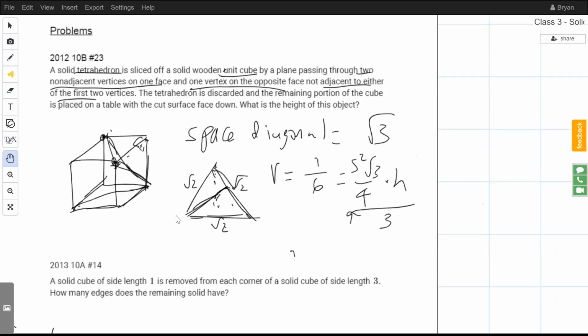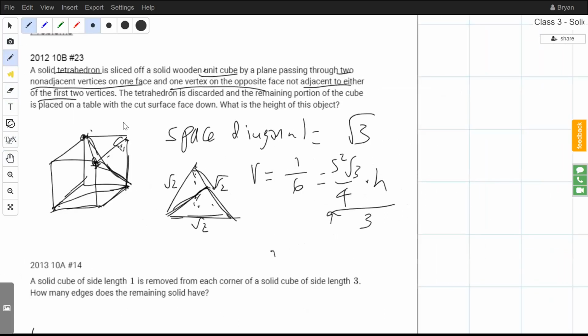And then after a bit of simplification, you can find that s squared is just 2, so this is just 3 root 3 over 2 times the height, I believe. Nope, this is not. It's root 3 over 6, because, yes. Pay attention, I guess.